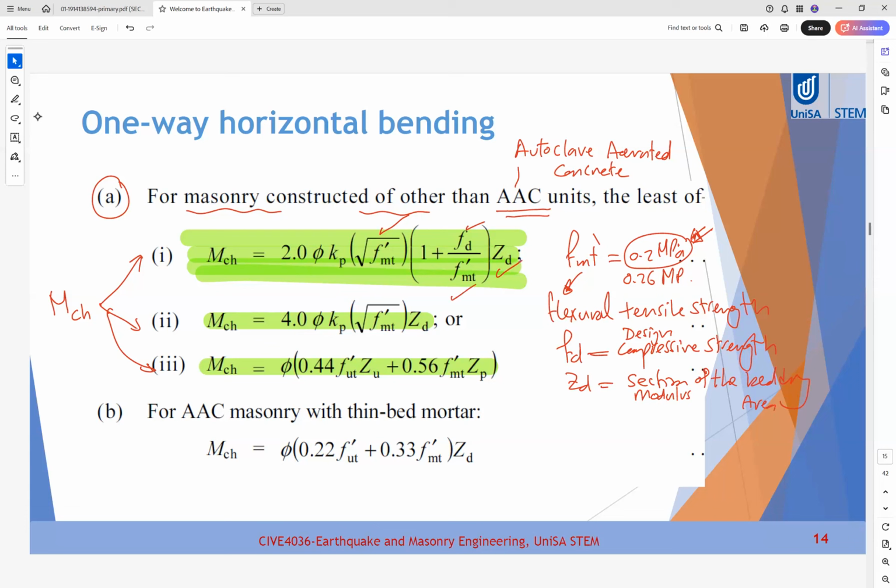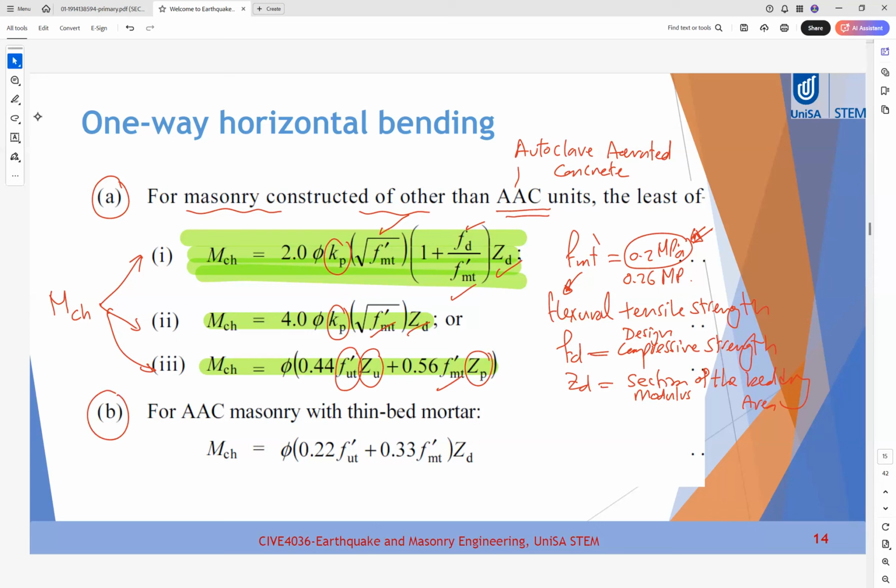So the new thing we need to know is KB. And also we need to find what ZB, ZU and FUT dash are. FMT dash was known before, but we need to find these new parameters.